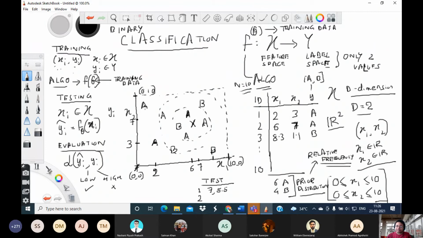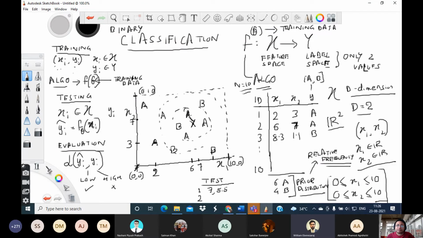You measure the distance to all the points in the training set, and then find which one is closest, which one is the nearest to the test point. In this case, it turns out that this point is the nearest neighbor.